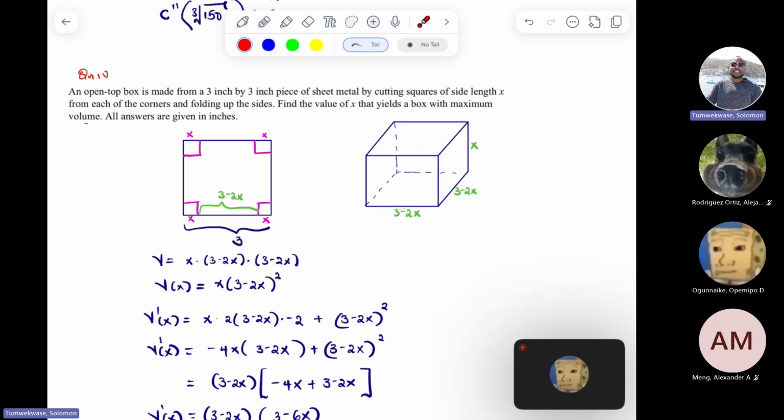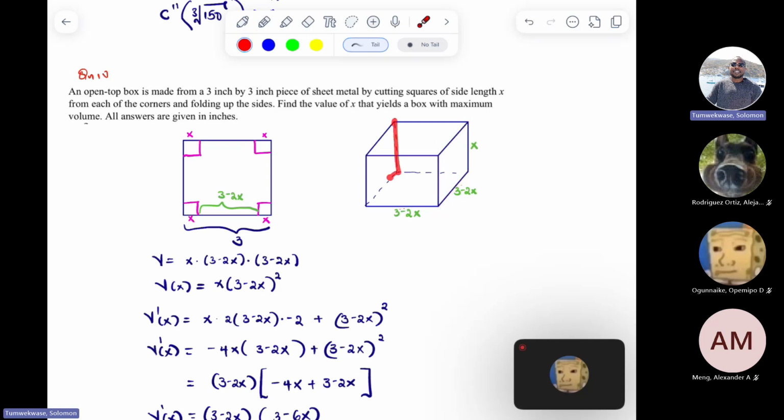Because they just mention it here that an open top box is made by cutting squares of the side of length x from each of the corners and folding up the sides. Oh, how are we not sure that? So this is the thing. Since this is actually a cuboid, if I sit my box on this, then that becomes my base, right?